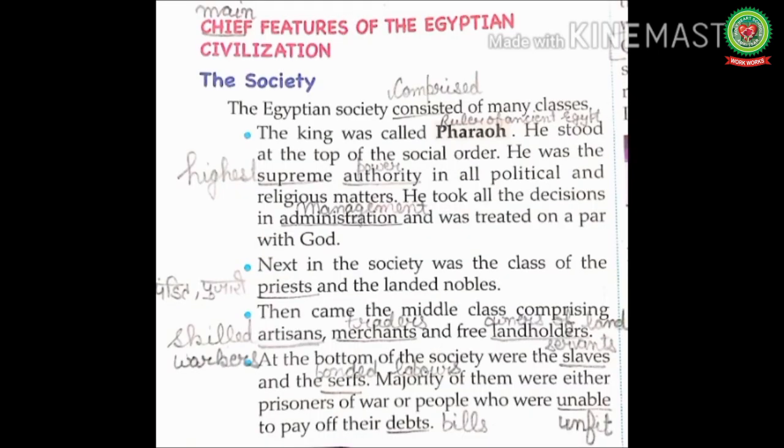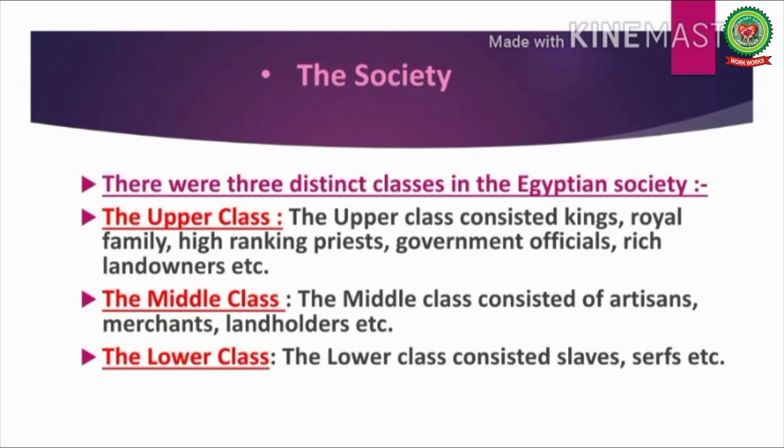Now students, next we will discuss chief features of the Egyptian civilization. Here chief means main. So the first main feature of the Egyptian civilization is the society. The Egyptian society was divided into 3 classes. Number 1, the upper class.